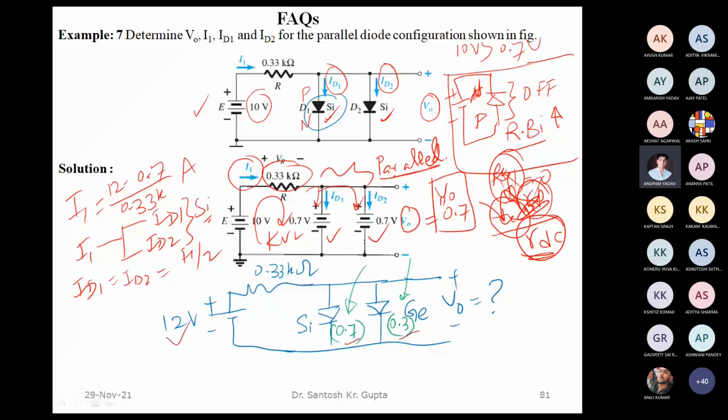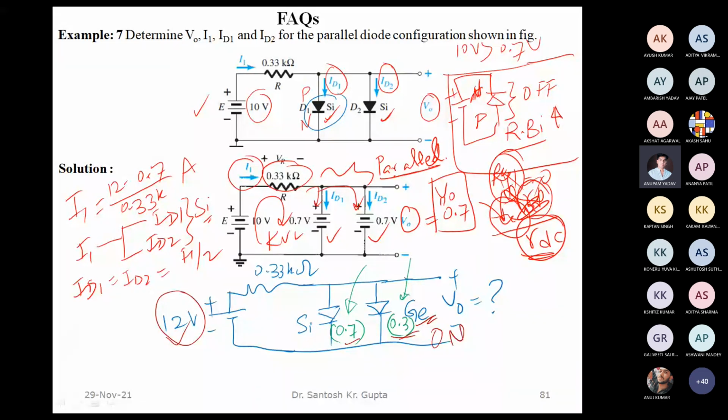But as soon as we connect this 12 volt potential, the germanium diode, which has a potential barrier of 0.3 only, starts conducting first and becomes on.